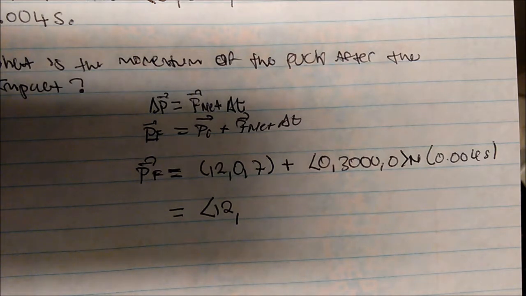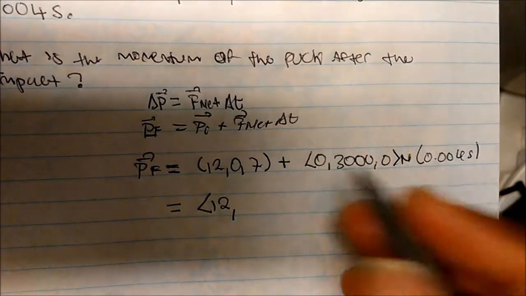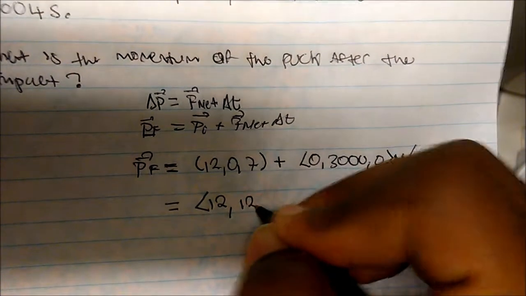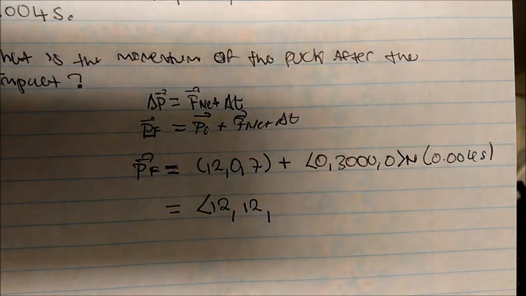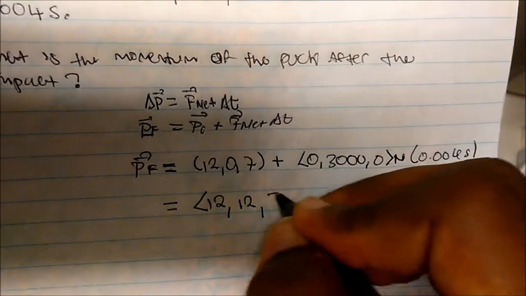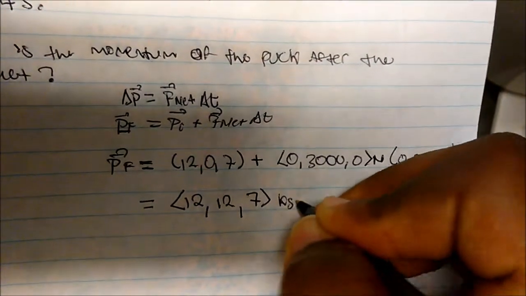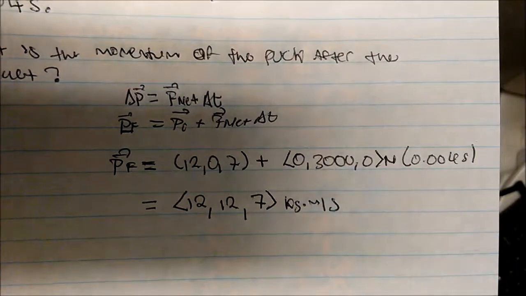I take 0 plus 3000 times 0.004, and I get 12 in the y direction. And I take 7 plus 0 times 0, so it's 7 in the z direction, in kilograms meters per second.